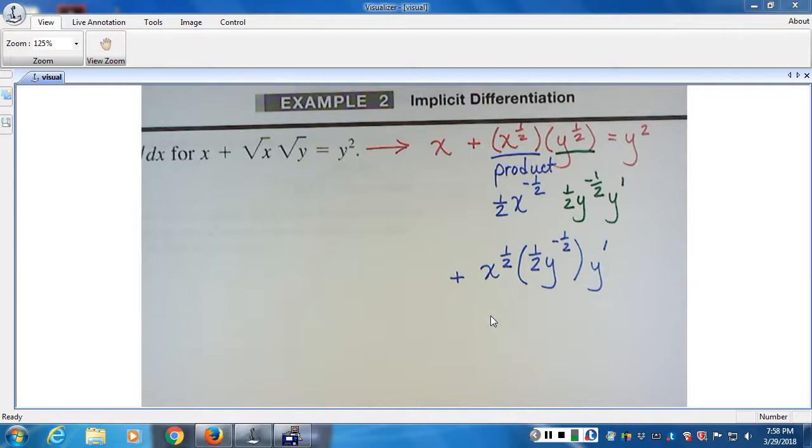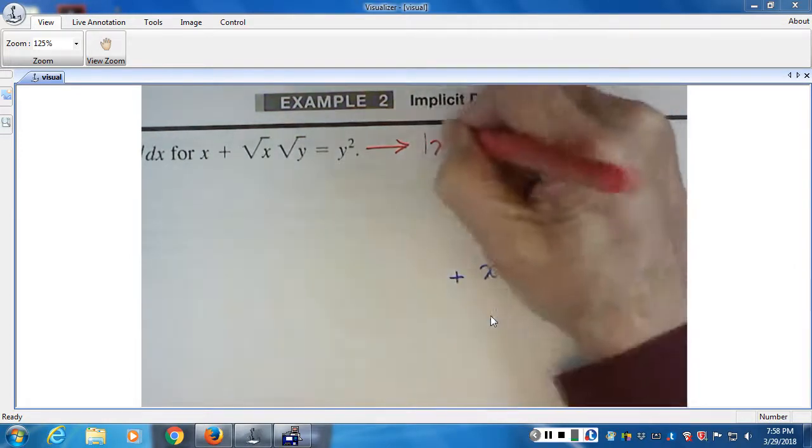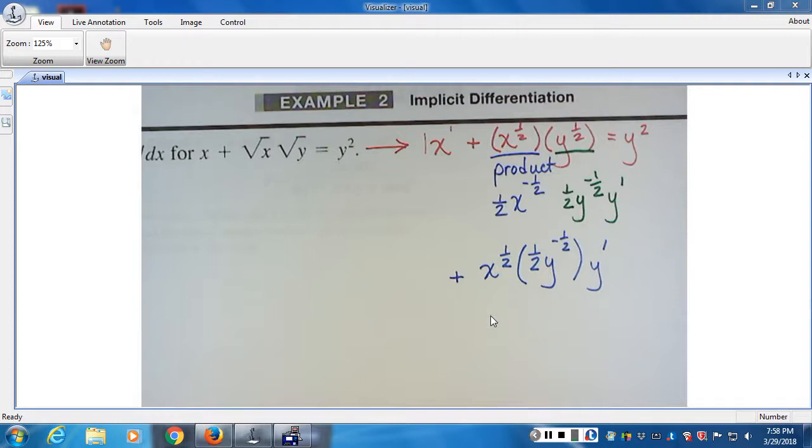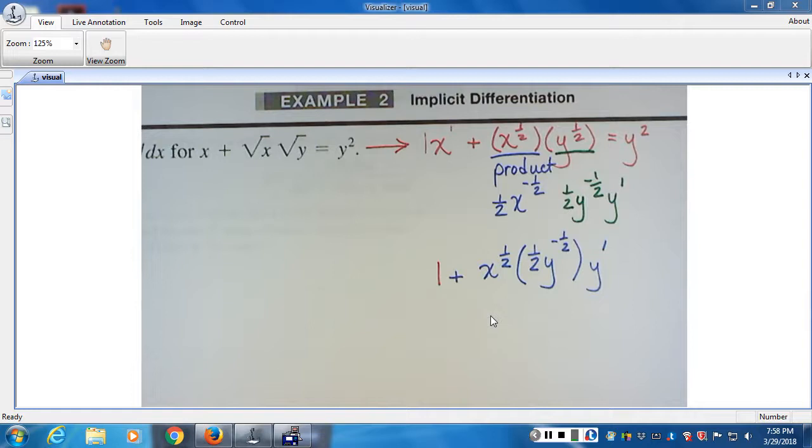Then we got what I like to call the easy part. What is the derivative of just plain old x? 1. Then we've got an equal sign, and we need the derivative of y squared.